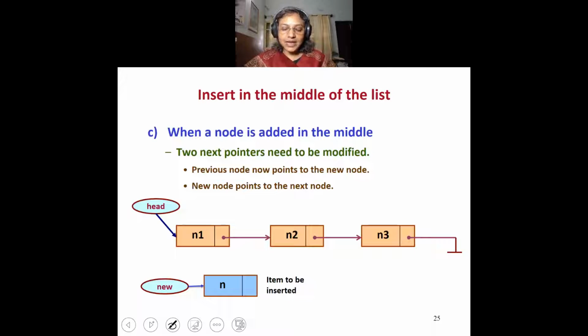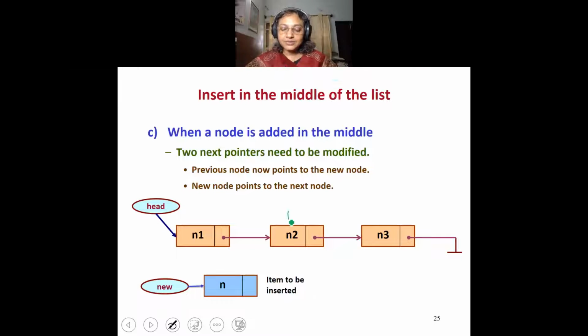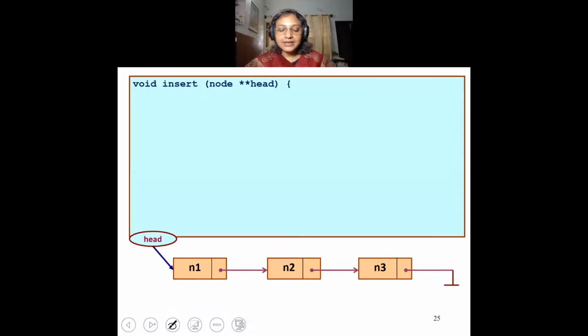Suppose N2 is a particular node, and before N2 we want to insert this particular node. We must get a pointer to N1, and as we have already discussed, we have to manipulate these pointers as follows to get this N in the middle of N1 and N2.